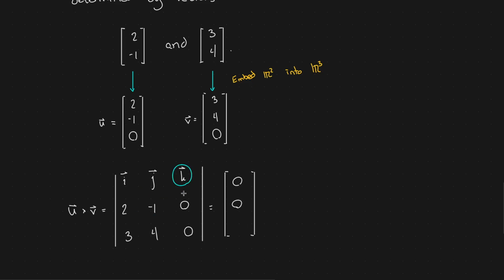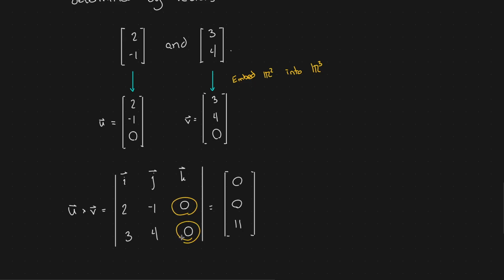What about the k? The k is the only component that's not 0. I'm going to get 8 minus negative 3. 8 minus negative 3 is 11. Notice the fact that we got zeros for these first two components is not just a coincidence, that's a pattern.